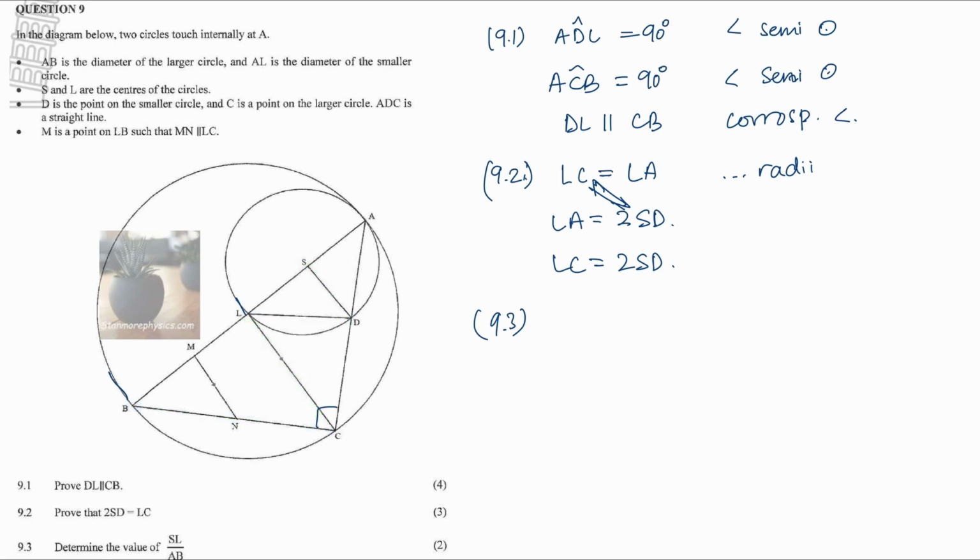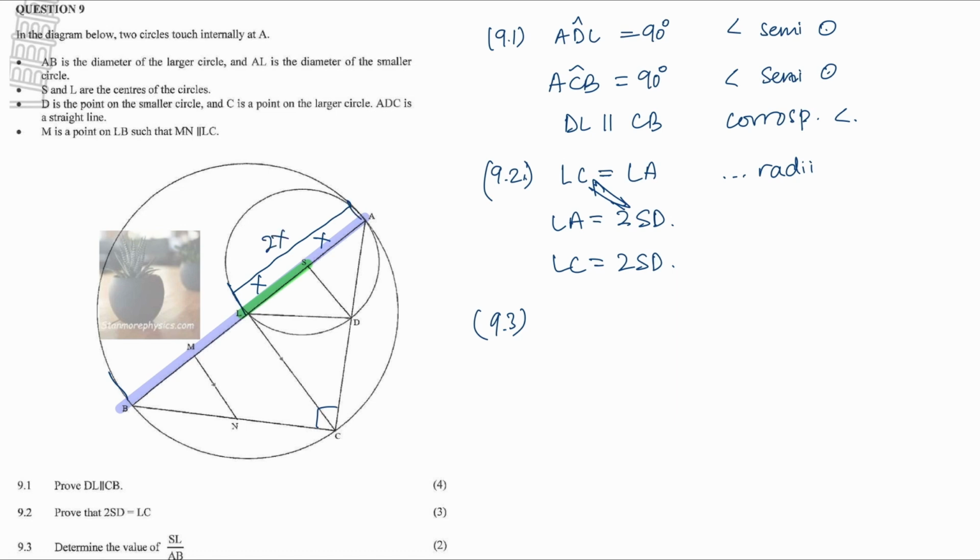So let's clear this up. SL is going to be this over AB, which is going to be that entire line. Okay. Let's call SL x. That means AS is going to be x, which means that the radius of the large circle is going to be 2x.